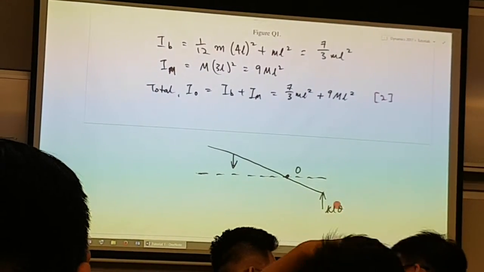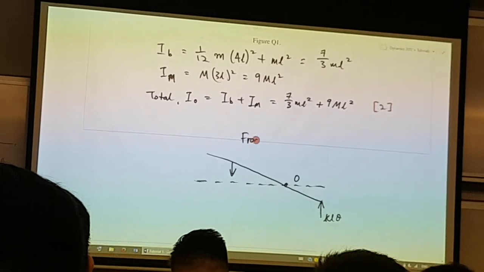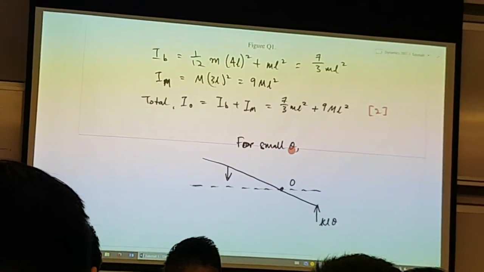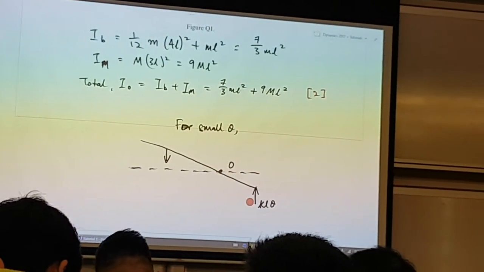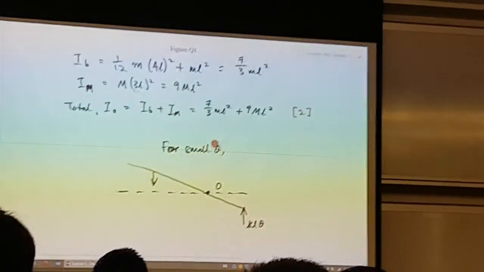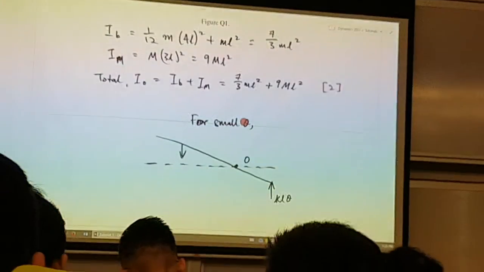So if your friend didn't write "for small angle theta", then there'll be a mistake. So you can help your friend to write down "for small angle theta".